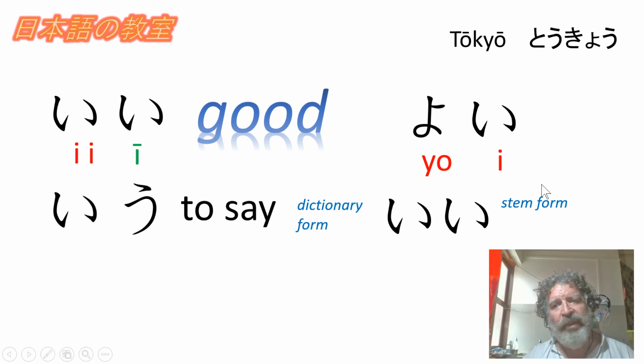With the stem form, we can add suffixes. For example, imasu, imashou, imashita, imasen. These are various verb forms that all attach to the stem form, i. Imasu, iu, to say. So both of these are very frequently used in Japanese.